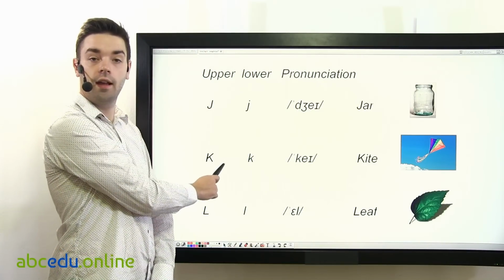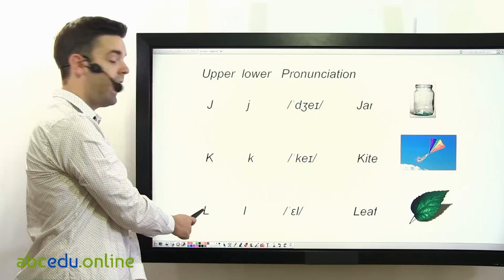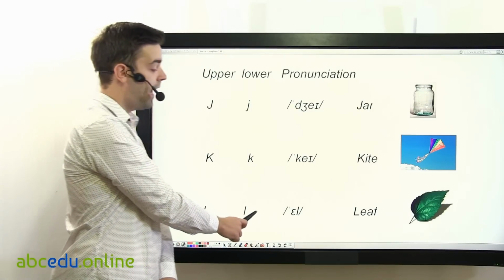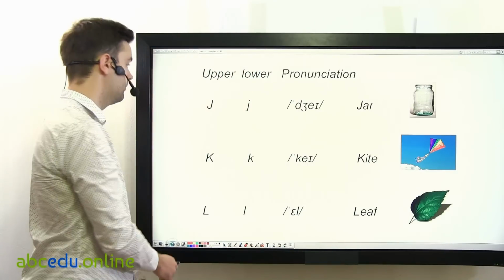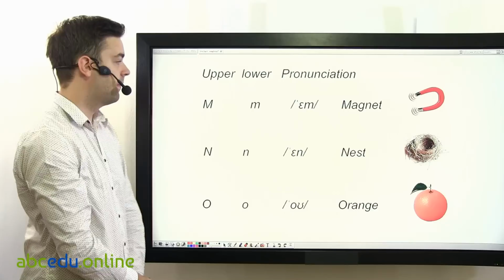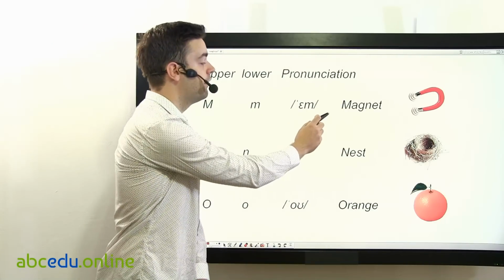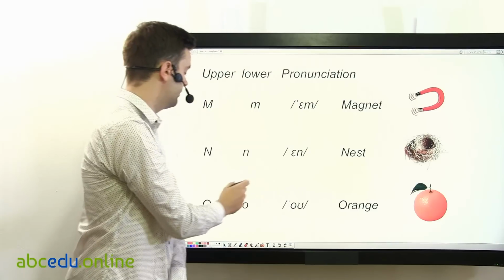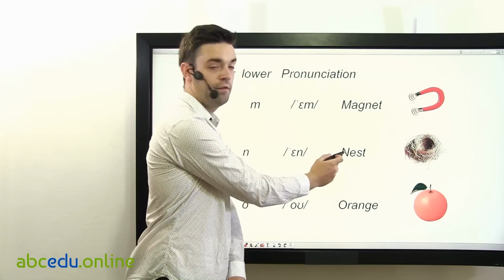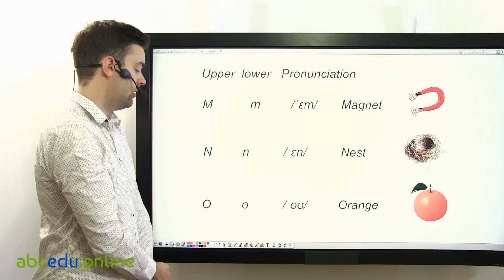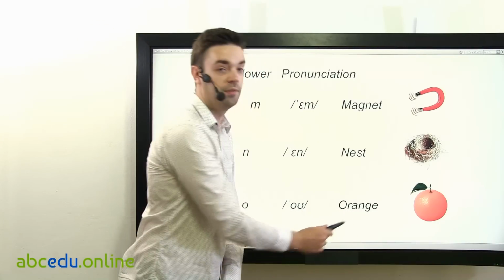K. K for kite. L. L for leaf. M. M for magnet. N. N for nest. O. O for orange and Oliver.